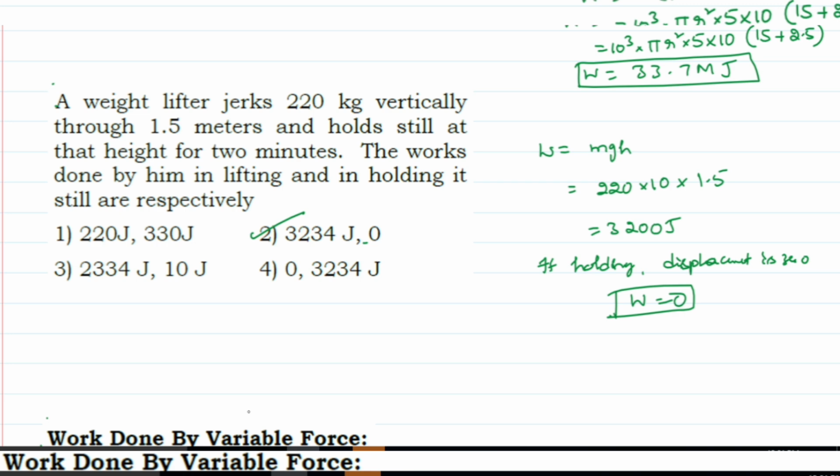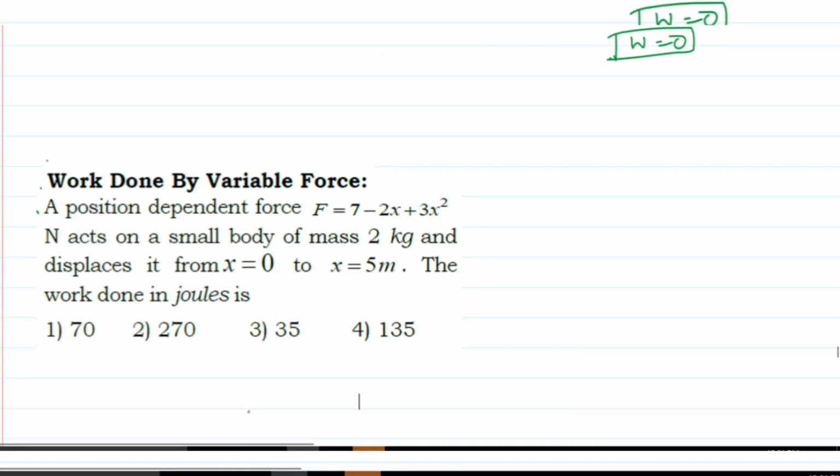Now let us discuss the next topic: work done by variable force questions. The first question says a position dependent force F equal to 7 minus 2x plus 3x square newton acts on a small body of mass 2 kg and displaces it from x equal to 0 to x equal to 5 meters.